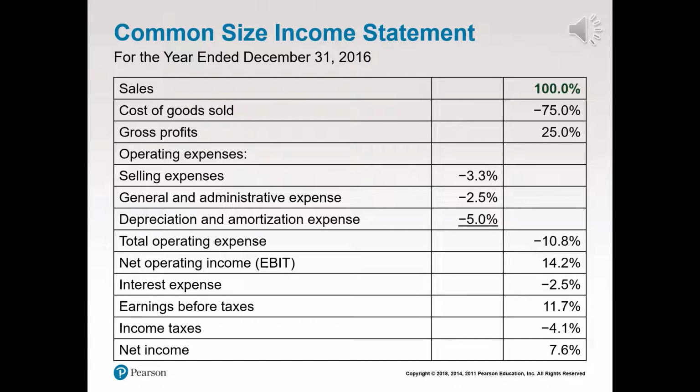You can see here that sales is 100%, and each number is calculated as a percentage of sales. So cost of goods sold is 75% of sales. The really useful numbers are our totals, like gross profits, being 25% of sales, and our bottom line net income, 7.6% of sales.